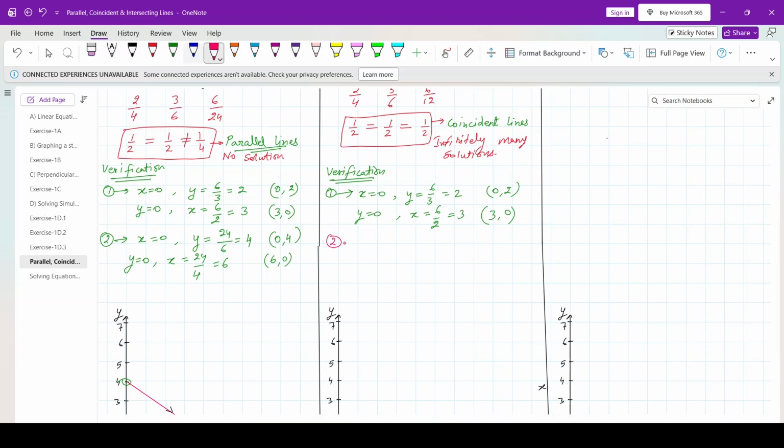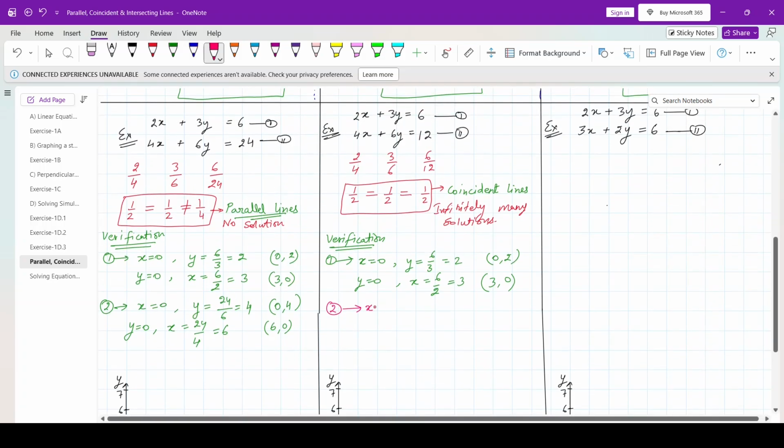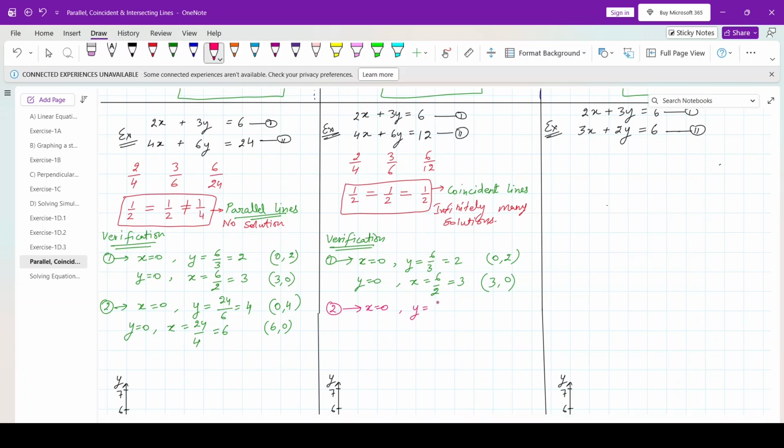Now let's take the second equation, and if we put x is equal to 0 in the second equation, we get 6y is equal to 12. So y will be equal to 12 by 6, that is 2, and our point will be 0, 2.